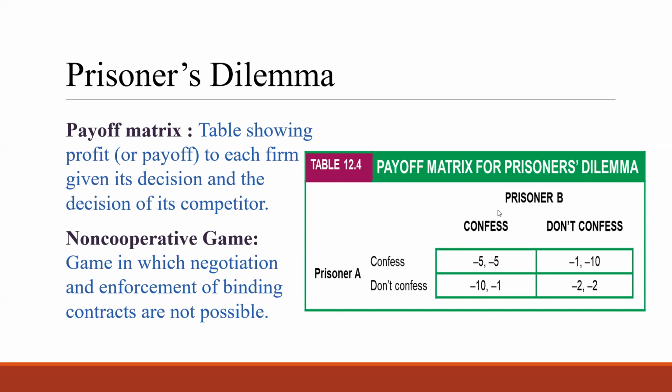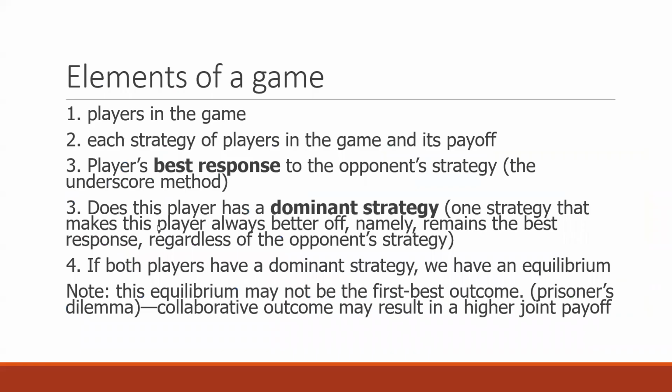So no matter whether prisoner B chooses to confess or not to confess, you will always find confession is the best response regardless of what prisoner B chooses. Then confession dominates all possible strategies of prisoner A. So confession is the dominant strategy for prisoner A.